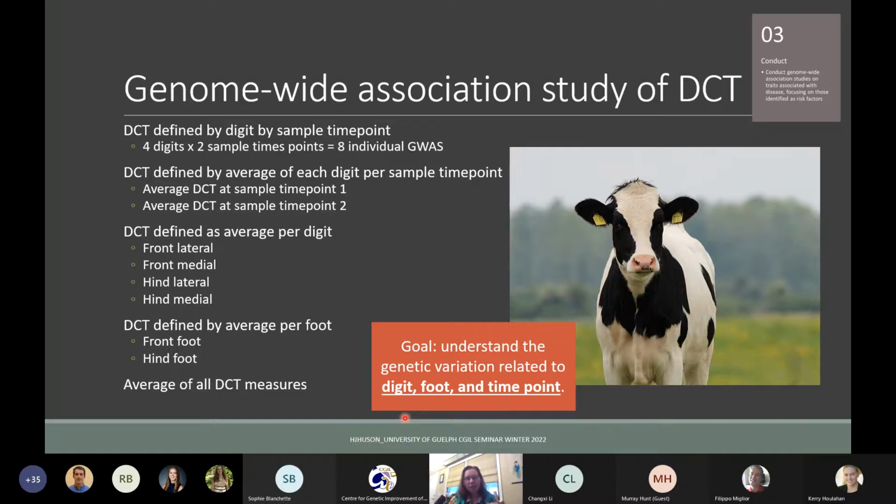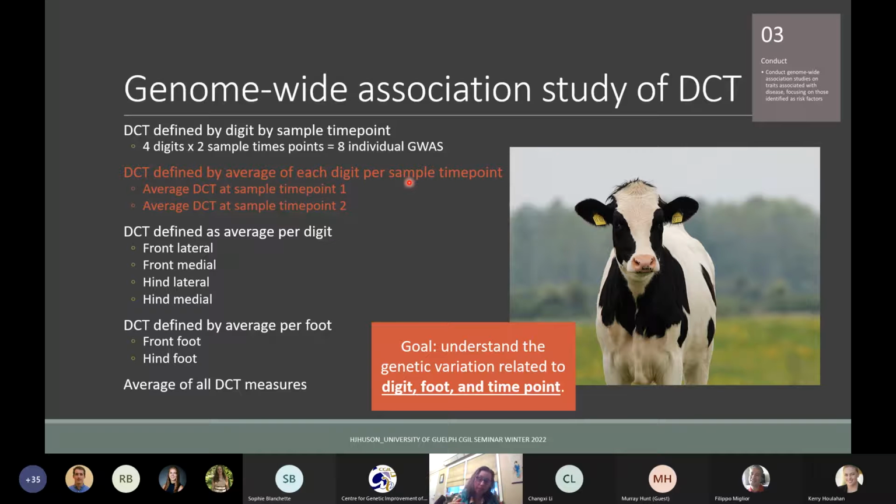And in the end, when we wanted to know how genetics affects and associates to these things, we found that yes, there is a correlation. We could find genetic patterns related to the digits per sampling time point. So there was a relationship between digit thickness and time point, and that came out in the previous work.